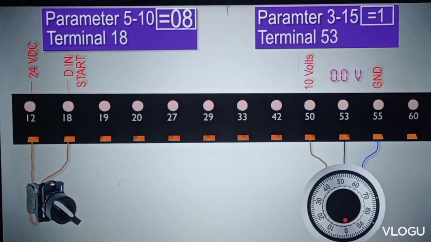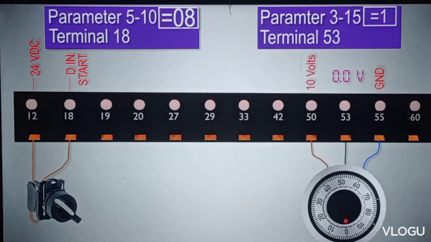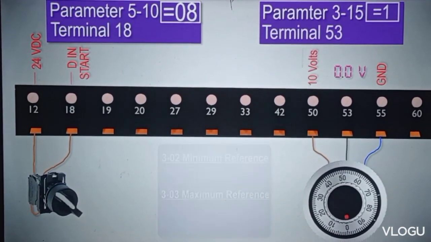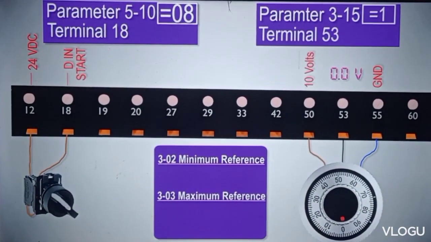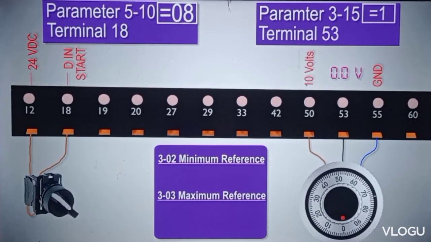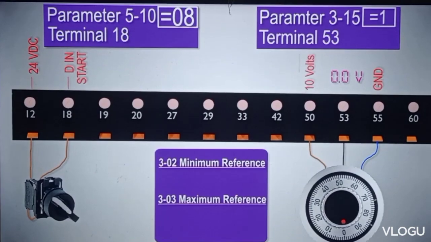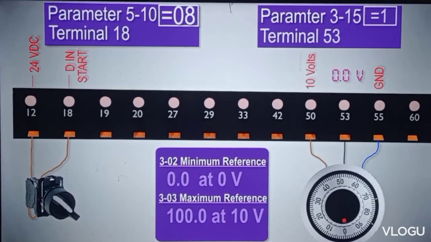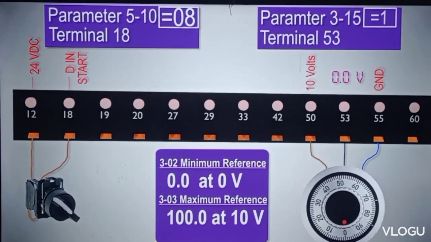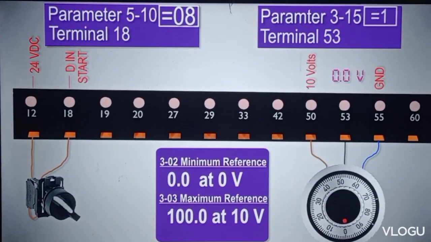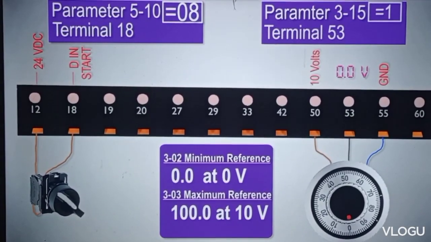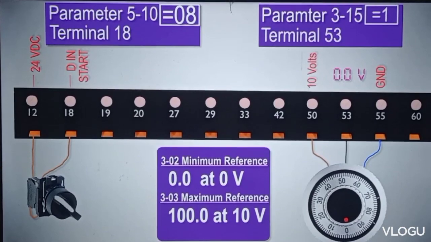There are 2 other parameters I want to discuss here: the minimum and the maximum reference, which are parameters 3.2 and 3.3. These 2 parameters define the minimum speed of the motor at 0 volt analog input signal and the maximum speed at 10 volts analog input signal.